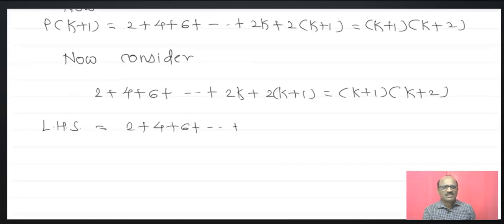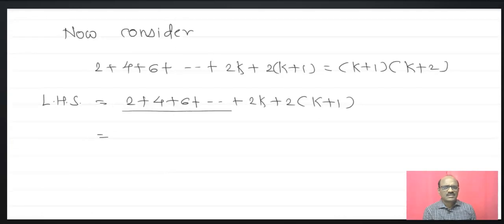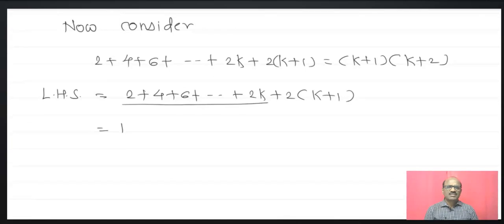Therefore LHS: the value of 2 plus 4 plus 6 plus dash dash plus 2k is k in bracket k plus 1 plus 2 in bracket k plus 1.